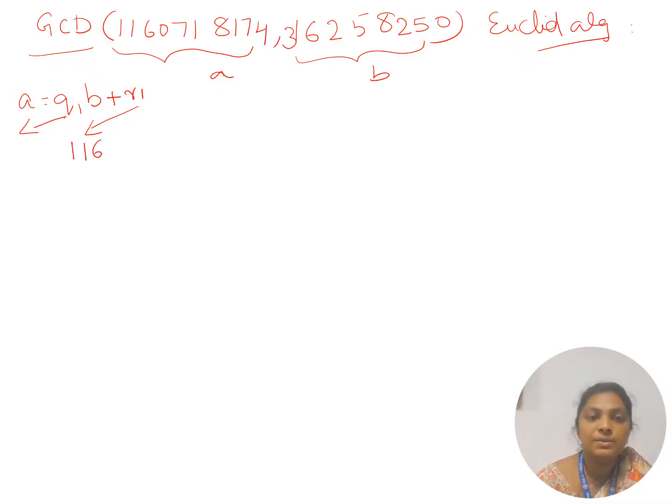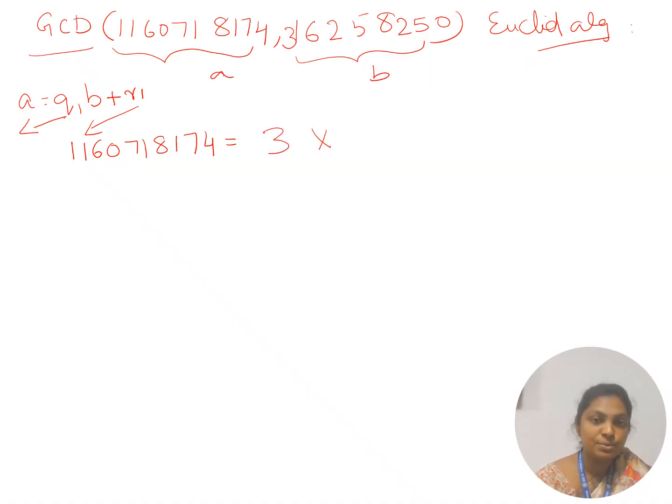So A is equal to 1160718174 is equal to quotient, in the first step, you divide the two numbers, and when you divide, the quotient you get is 3.